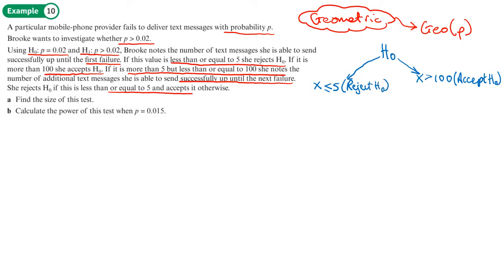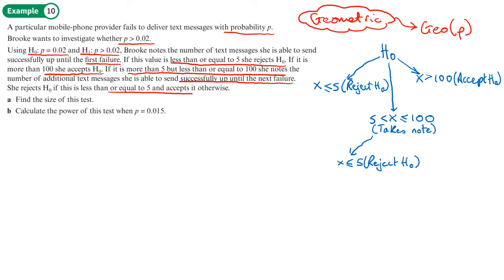But there is another way she's going to reject H0. It says that if the observed value X is greater than 5 and less than or equal to 100, basically every value in between, then she takes note, and if she notes that X is still less than or equal to 5, then she will reject H0.